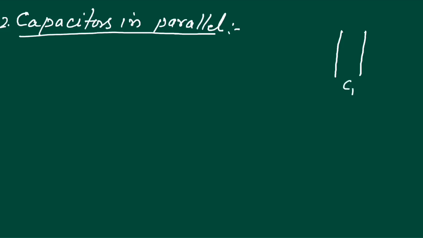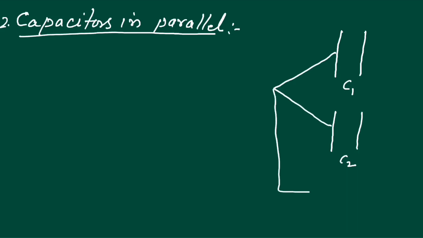This is C1 and this capacitor is C2. The left plates are connected to each other and to the positive terminal of the battery, and the right side plates are connected to each other and to the negative terminal of the battery.